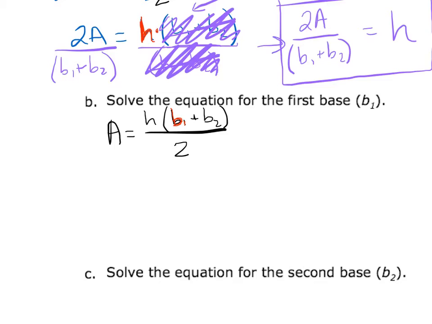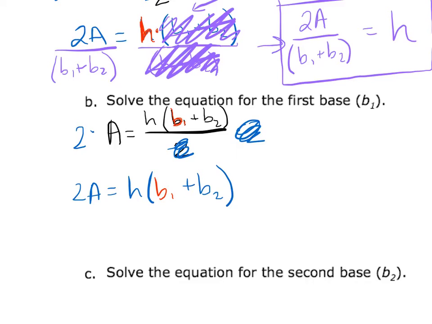So again, this 2 here is a problem, so we're going to multiply by 2 as our first step. And then rewrite everything. Okay, these guys cancel each other out over here, and the 2a went on that side.